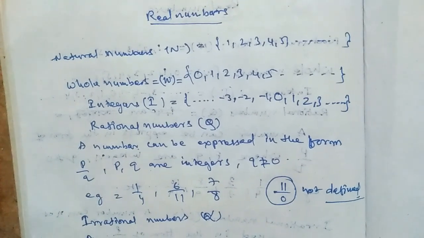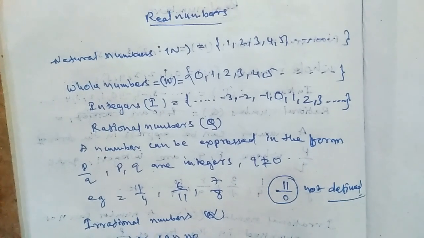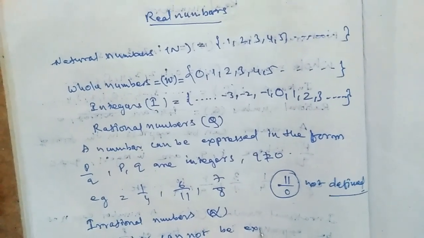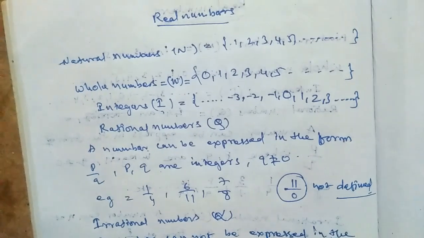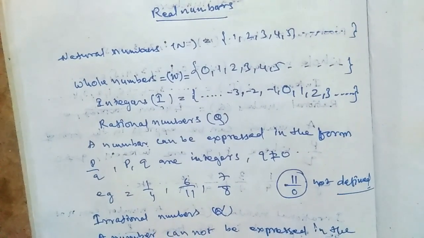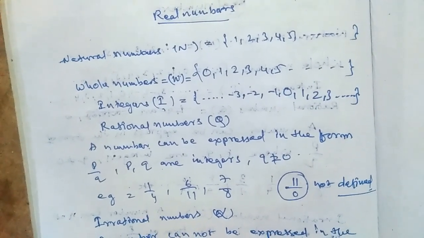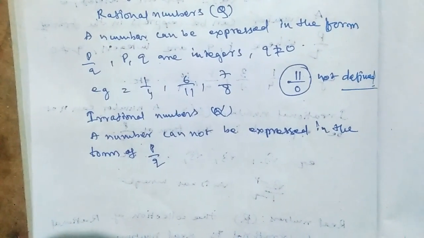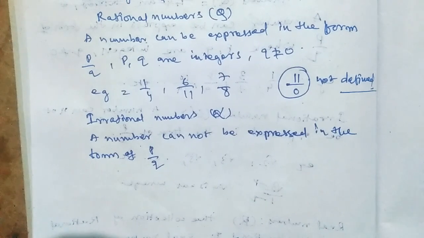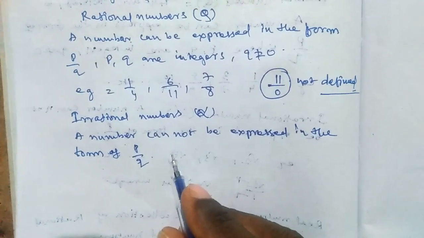The definition is: a number that cannot be expressed in the form of p by q is called an irrational number.